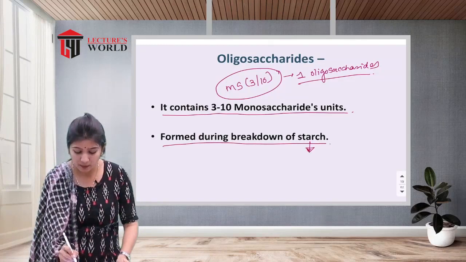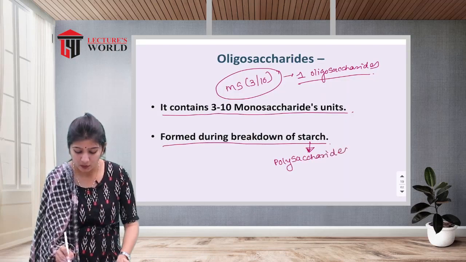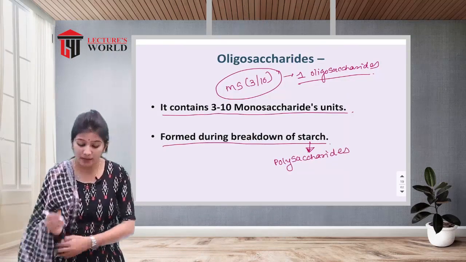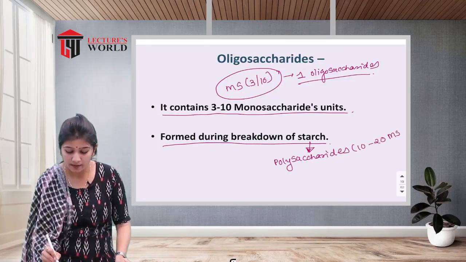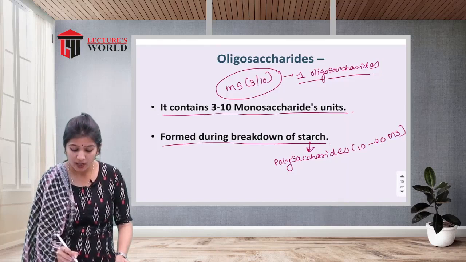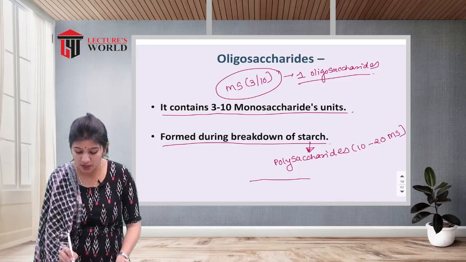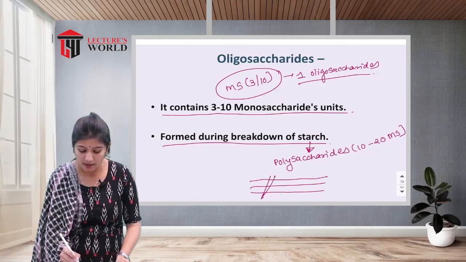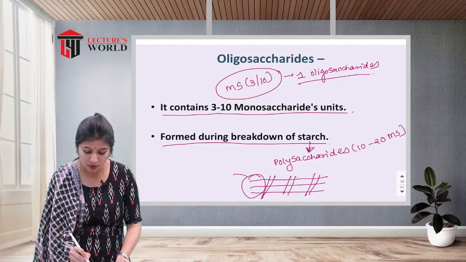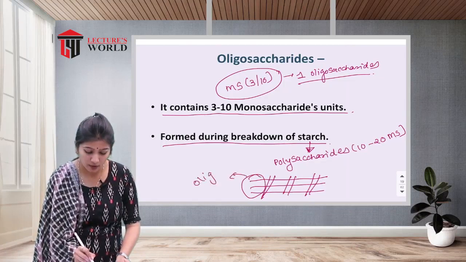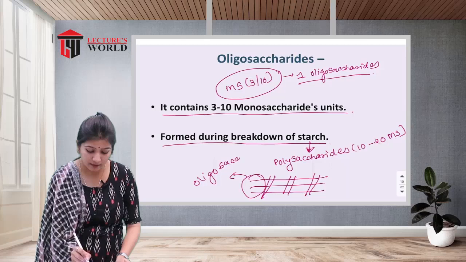Starch is one type of polysaccharide. If we break down a chain of polysaccharides, the small unit is known as an oligosaccharide.